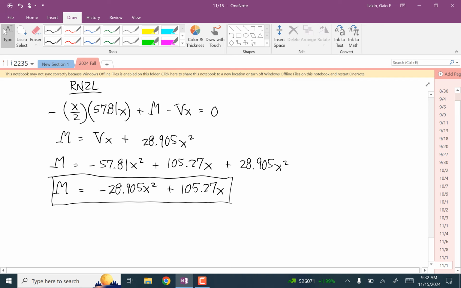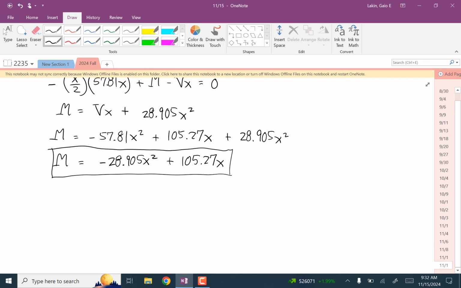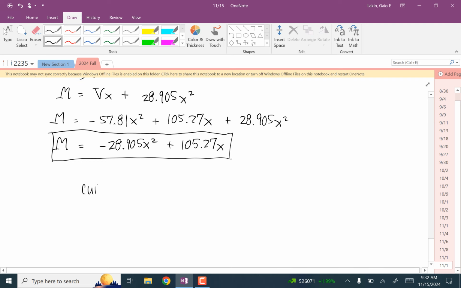And there's nothing new about the second cut. We just have a different set of point forces. So cut 2, this is for x values between 0.6 and 1.2.